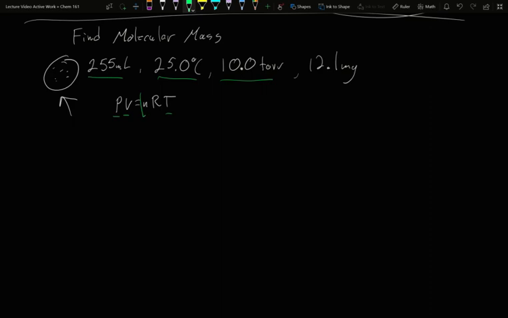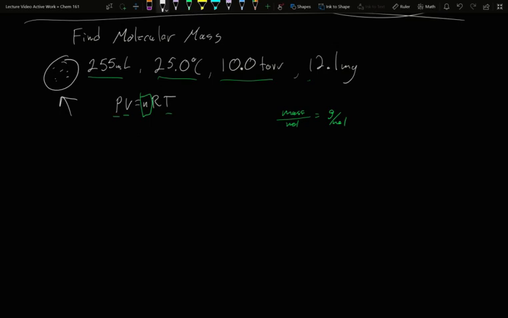I could find the moles. I could find out how many moles are in this container. And I have a mass. So if I had mass divided by moles, well, grams over moles is molecular mass. I can use the ideal gas law to solve out our molecular mass by finding the moles of that gas.